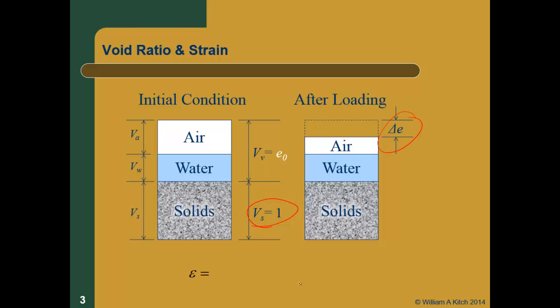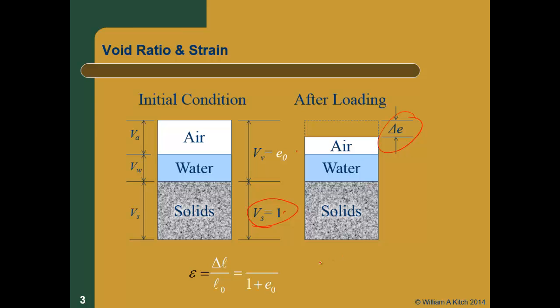So what's the strain? What's the definition of strain? Linear strain, normal strain? Delta L over L, right? So in this case, it's delta L over L. Well, what's L0 for this little model, if we're talking about vertical compression? 1 plus e0, right?